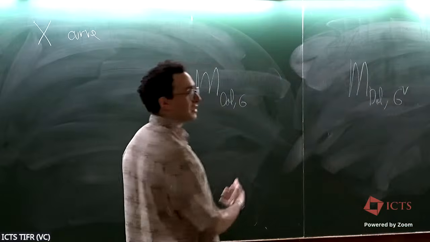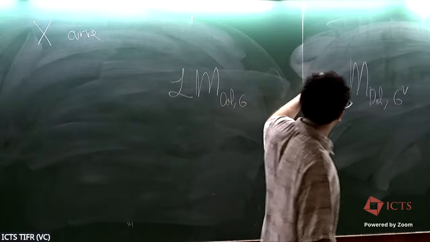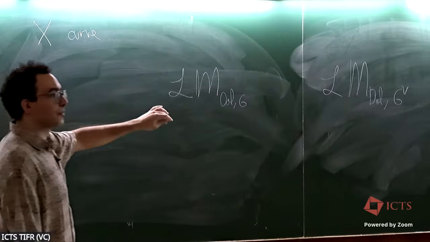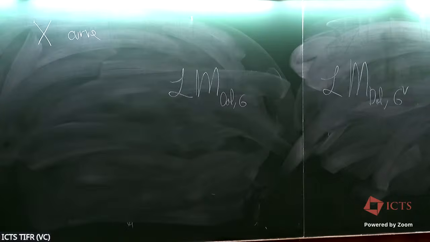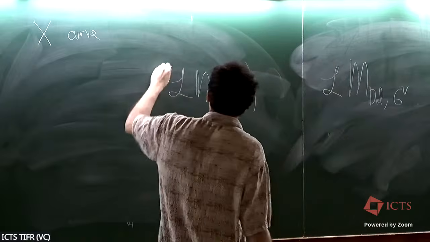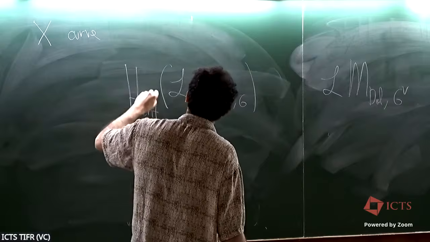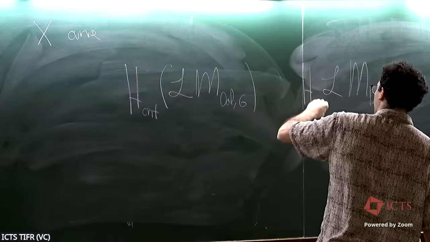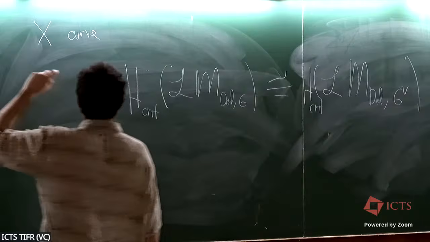But it cannot hold, it's just not true. But it can be fixed if we take the loop stack. So if we take the loop stack, these two stacks become -1 shifted symplectic. So there's a special perverse sheaf living on them, locally constructed as a vanishing cycles sheaf. And that gives rise to the so-called critical cohomology. So the conjecture is that critical cohomology of these two stacks should be the same.